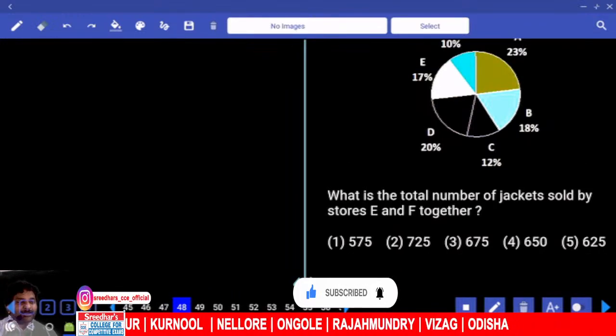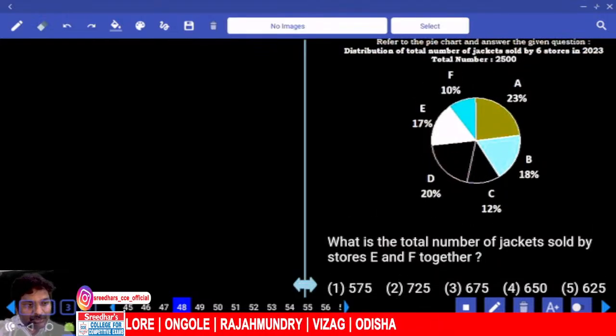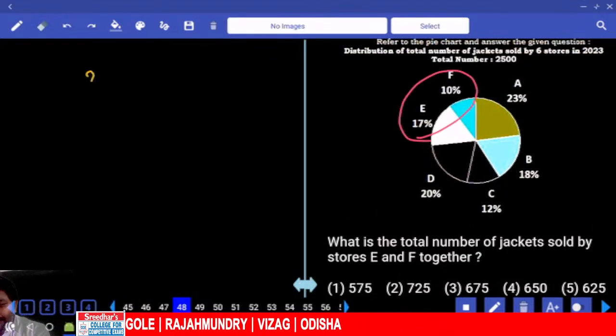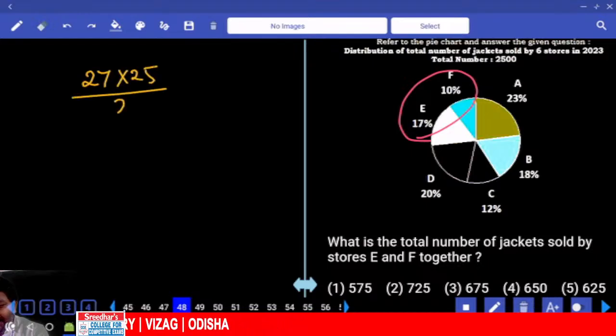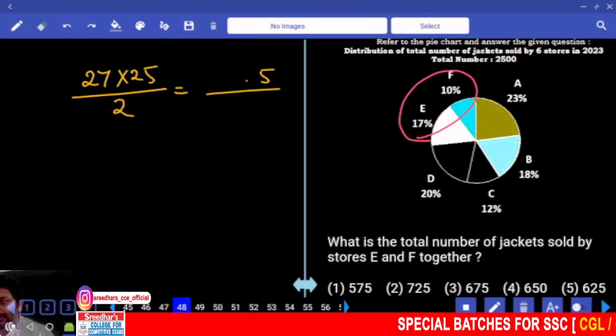What is the total number of jackets sold by store E and F together? E and F together. 27%. 1% value 25 divided by 2. Correct. Both the numbers in the numerator are odd numbers and the denominator is an even number. So definitely you are going to get 0.5 only.